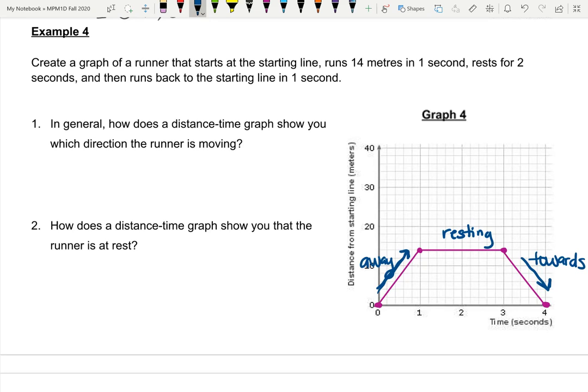Okay, so a rising line means that the runner is running away from the starting line.